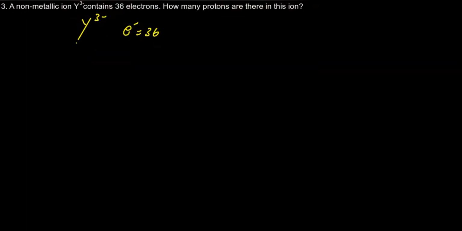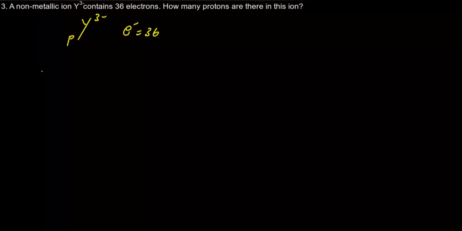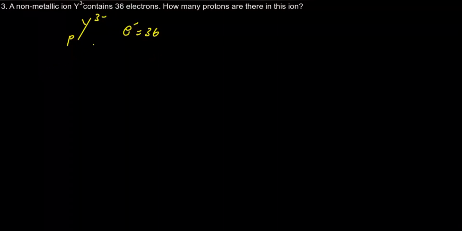Did you know one thing? The thing is that I don't know the number of protons. Normally, if this atom is neutral, you will have the number of protons to be equal to the number of electrons.